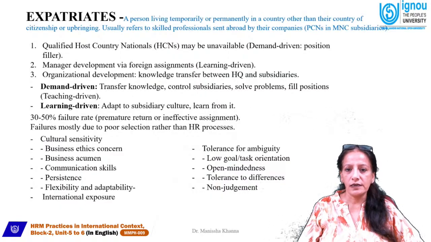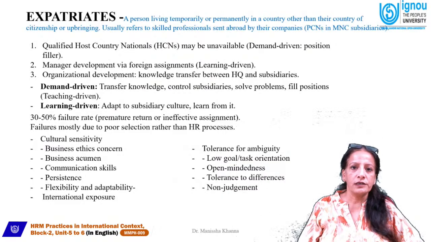Whereas expatriates are the people who are recruited by the company headquarters, the parent company nationals. They are the qualified people when HCNs may be unavailable. Sometimes they are more in demand. They are basically known as position fillers. For example, the US has started a subsidiary here in India, and they want someone who can take care of their India office.